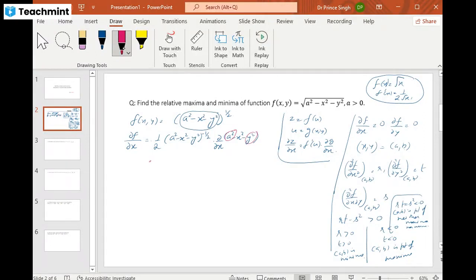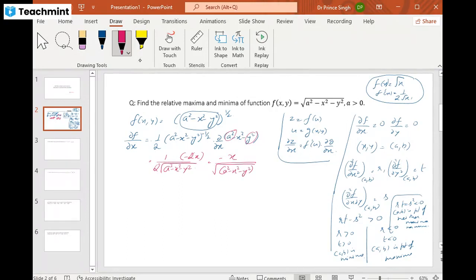So this is 1 by 2 times the square root of a squared minus x squared minus y squared as it is, and its derivative is minus 2 times x. So this 2 and 2 cancel out. Basically this is minus x upon the square root of a squared minus x squared minus y squared.